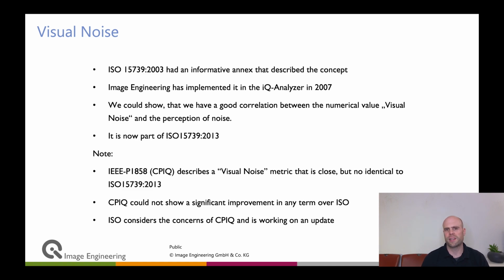IEEE 1858, also known as CPIQ. They defined a procedure to measure visual noise, even though it's called the same and the concept is very, very similar. There are differences. The CPIQ tried to improve the ISO method. Actually, they never could really show that it is really improved, and I personally haven't seen significant issues with the ISO approach.